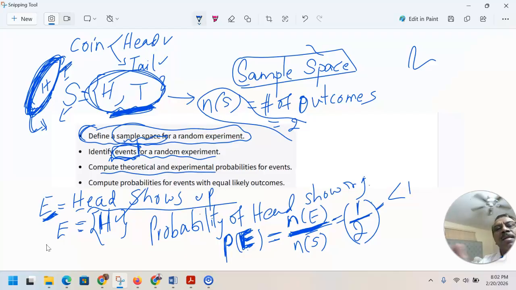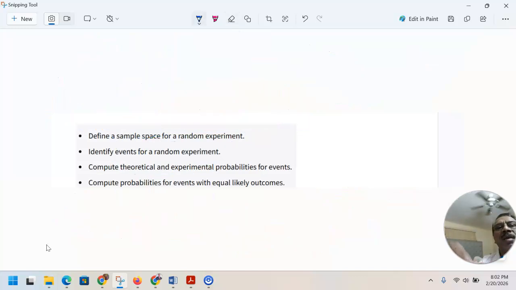So let me take another example so that you can get an idea of what I'm talking about. Instead of one coin, let's say there are two coins. When you toss two coins together, what are your outcomes?